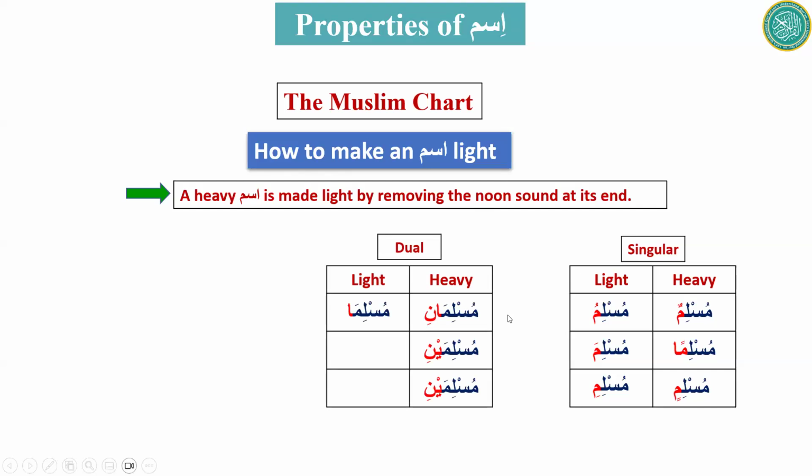How about the second and third word? Muslimai. Simple as that. Now we have 3 words that do not have a noon sound at the end. We know how to make them light. Thank you, Brother Shuaib.